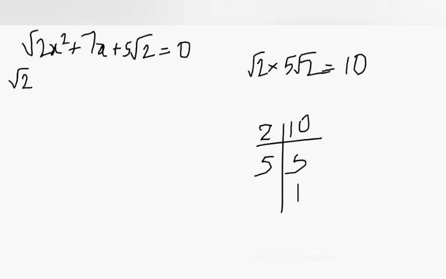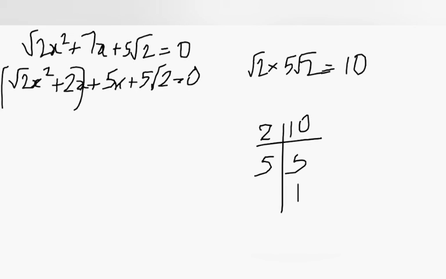So root 2x square plus 2x plus 5x plus 5 root 2 is equal to 0. Now we factorize these brackets, we take the common.